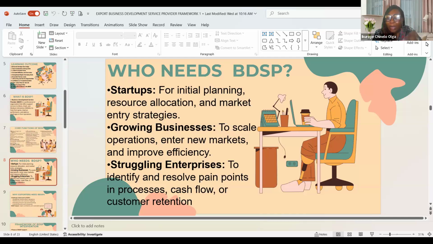So the BDSPs address the pain points by simplifying the process and providing tailored solutions. For instance, let me give you an example. BDSPs can help you streamline operations or develop risk mitigation strategy. The result is sustainable growth and higher profitability.